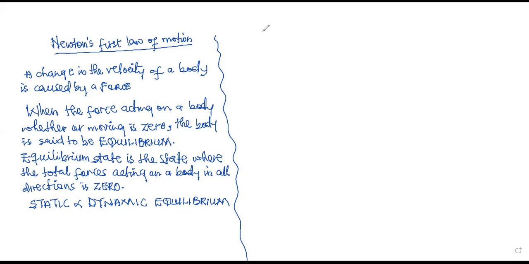In static equilibrium, the body is stationary, or the body is at rest, and the net force acting on the body from all directions is zero.